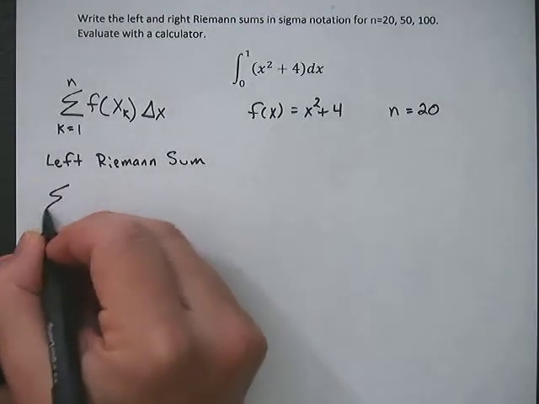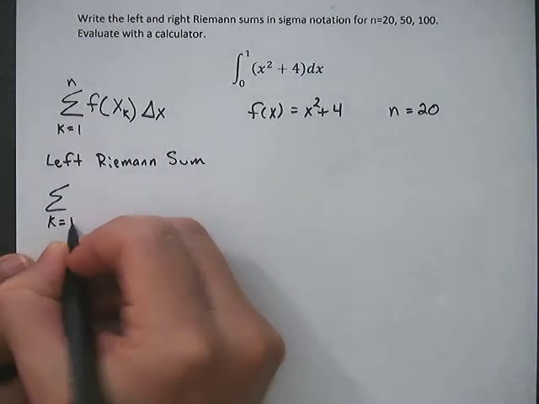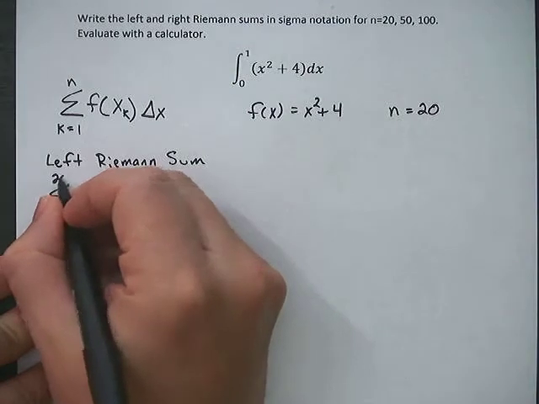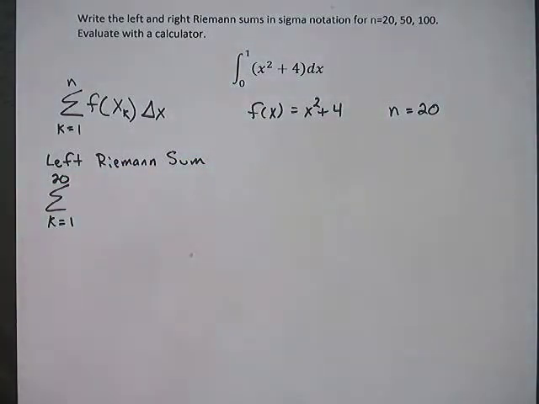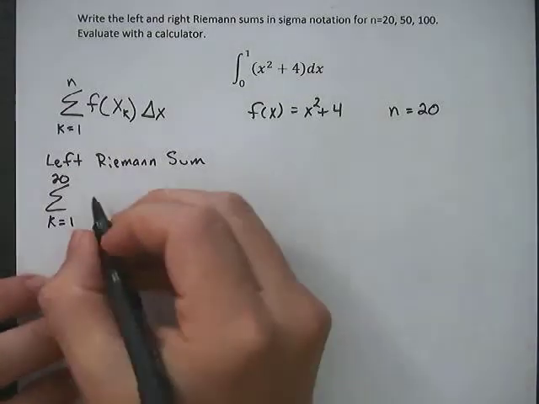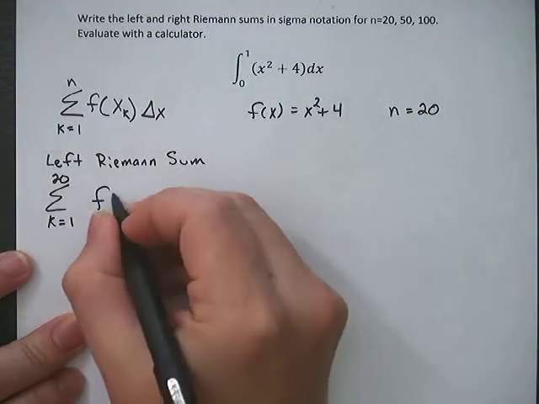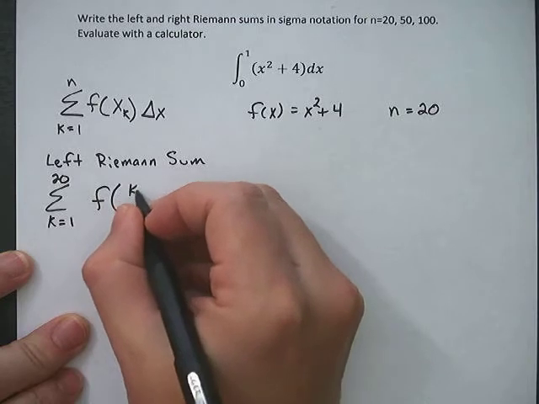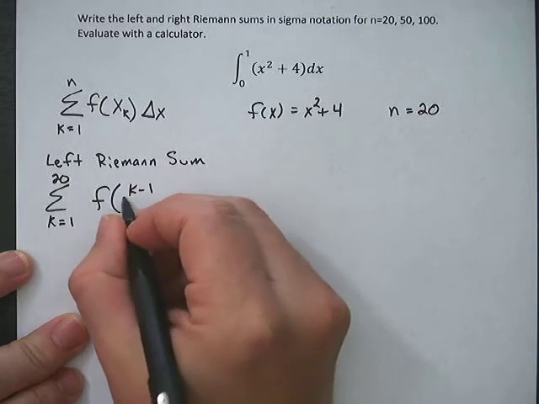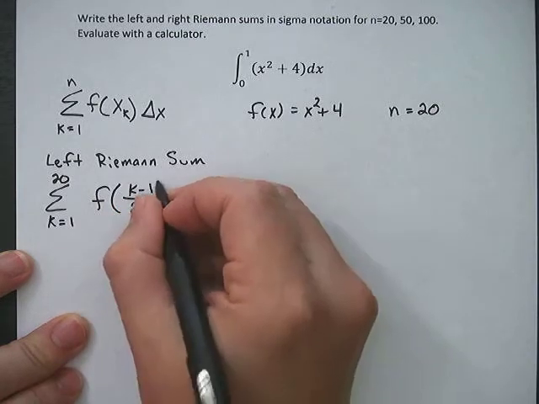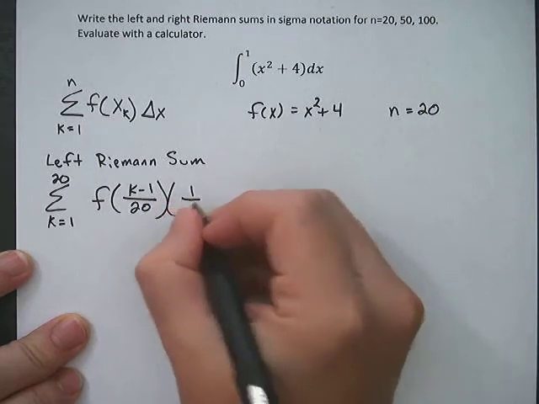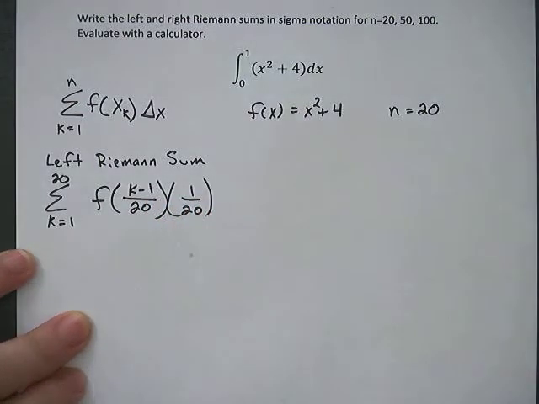So we're going to go from k equals 1, and for our first one we'll go to 20. That number will get changed to 50 and 100 as we do more subintervals. And we have f of k minus 1 divided by 20, times 1 over 20. Now, where's the 20 coming from?